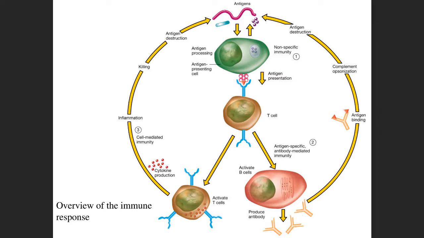So on this side, the T cells can activate T cells, and the T cell then goes to trigger other cells, goes into inflammation, and then you can have cytotoxic killing, and then the antigen gets destroyed, and so that goes into that cycle.